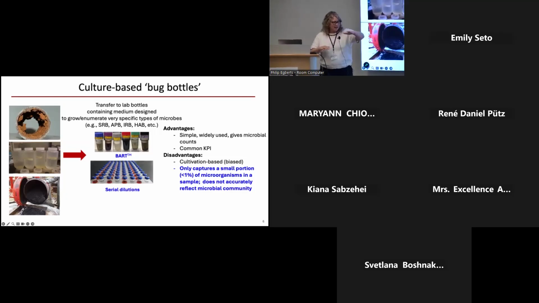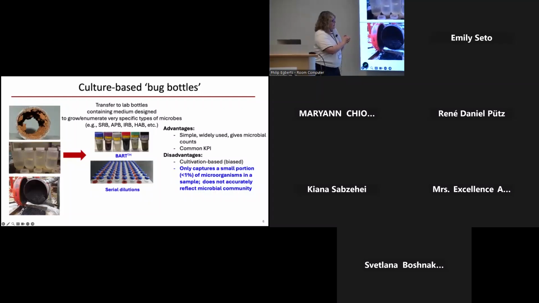So people like to have that number as, hey, this is my number of bacteria where I won't have any problems. But now let's say one day you do that test and you have 10 to the 8 or 10 to the 9 bacteria, right? Oh, maybe I'm going to have a microbiological problem, right? So it's used quite widely for baselining and maybe indicating whether you might have a microbial problem.